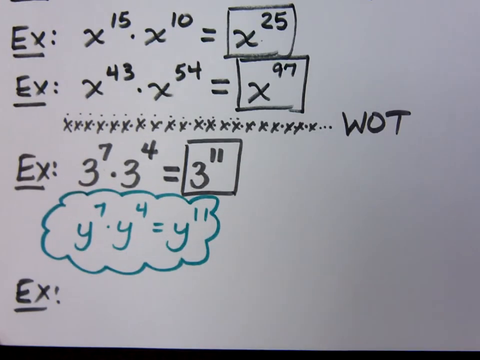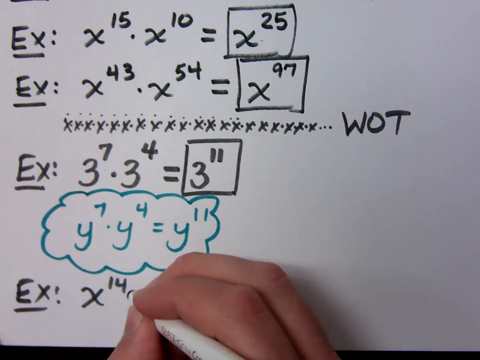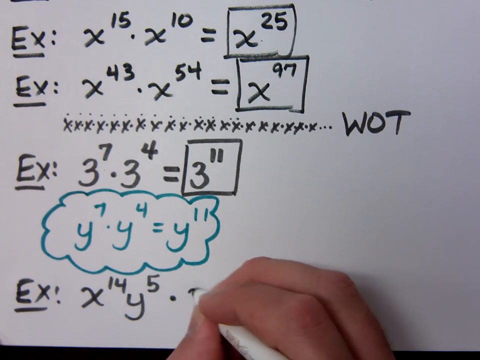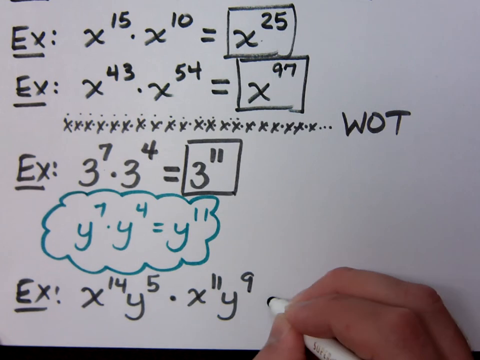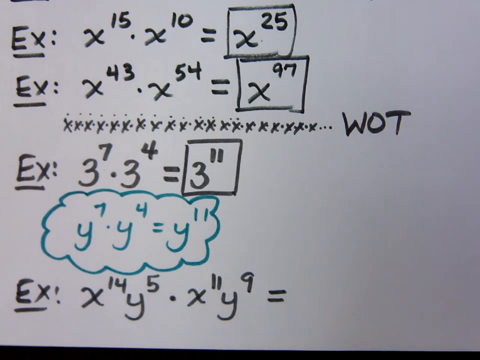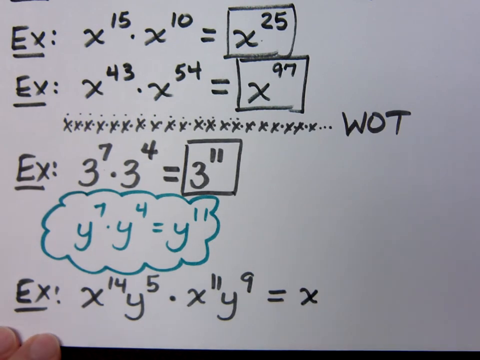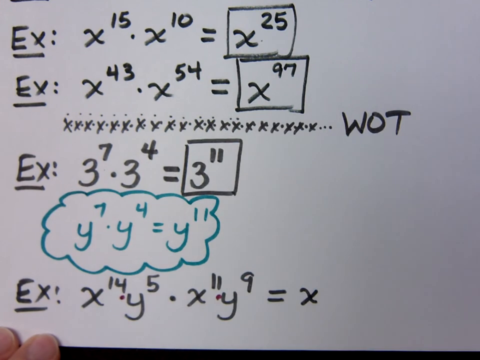All right. Let's look at this one. We have x to the 14th y to the 5th, times x to the 11th y to the 9th. It's important to note that this is all multiplication, right?